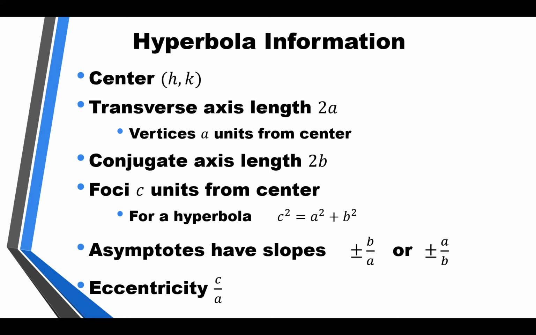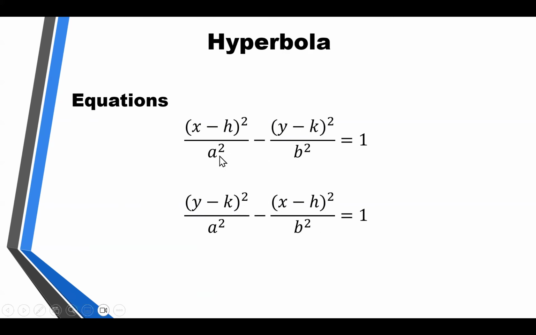The transverse axis is the one that goes from vertex to vertex. There's going to be two vertices here. The two vertices are both going to be a units from the center. You're either going to get those moving left and right or up and down, but not both. And the transverse axis is going to have length 2a. Notice that a squared is always underneath the positive part.